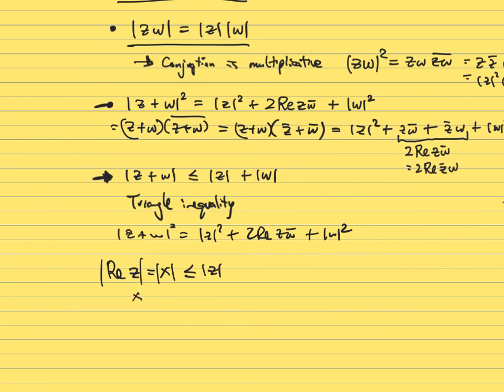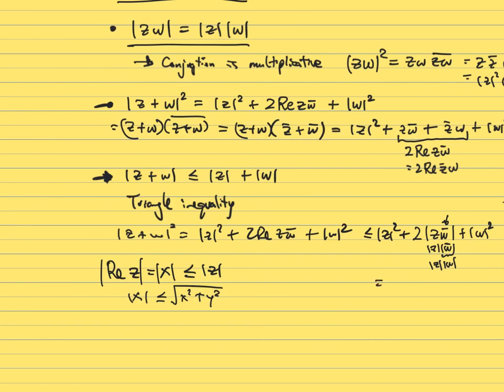So all I'm doing here is just using this easy fact that x is less than or equal to the square root of x squared plus y squared, because the y can only make it bigger. So then here you plug that in. And you get this formula. Of course, we can take the conjugate out because this is multiplicative and the conjugate doesn't change the length.